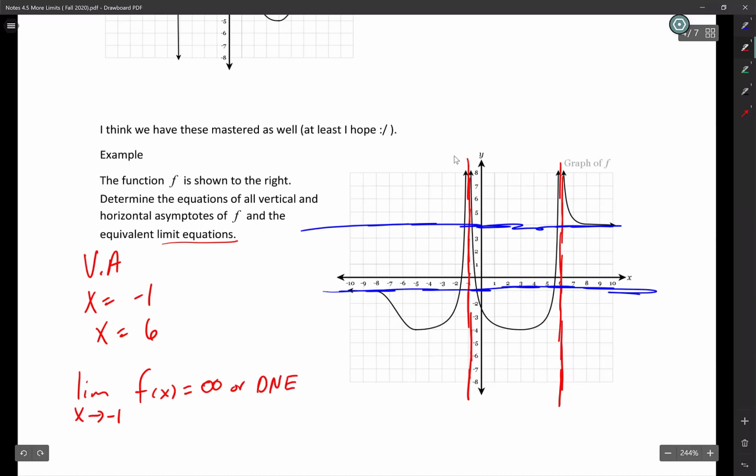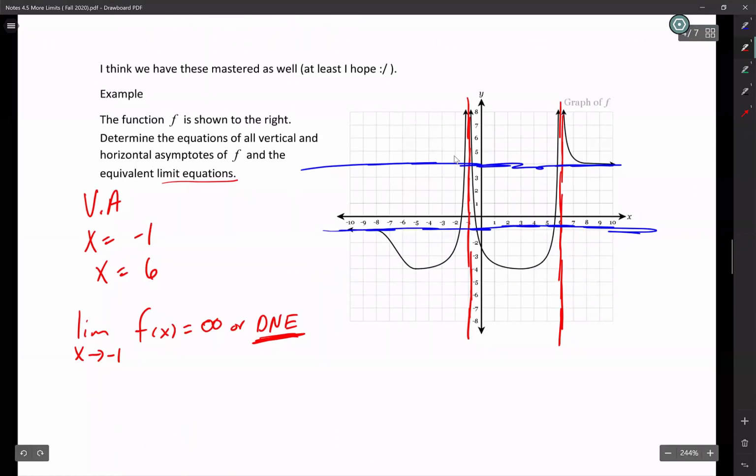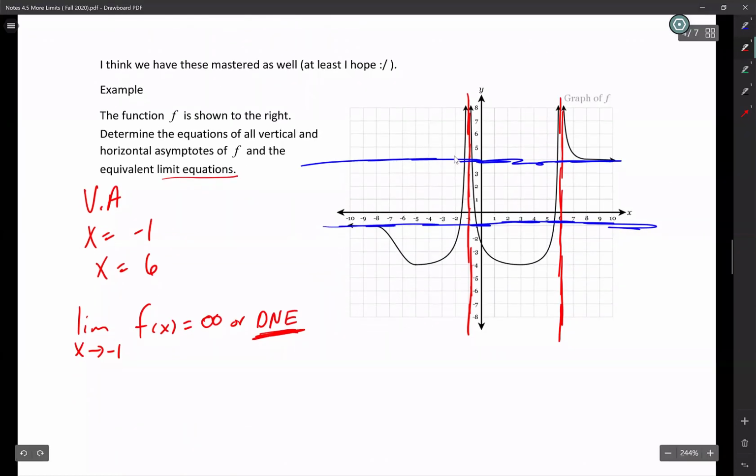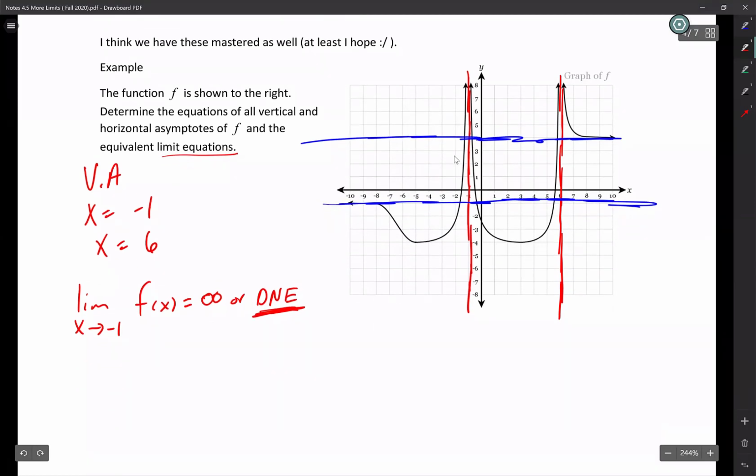I do not remember what Delta Math accepts. I think it accepts D and E. So just look at the little notes on Delta Math and see which one it takes when you get your assignment. And limit as x approaches 6, again, from the right and from the left, it's approaching positive infinity. So it's safe to say this. And I'm gonna say positive infinity or DNE.